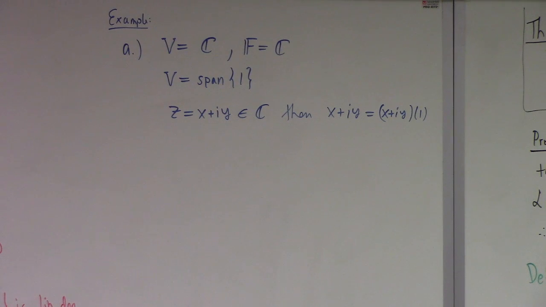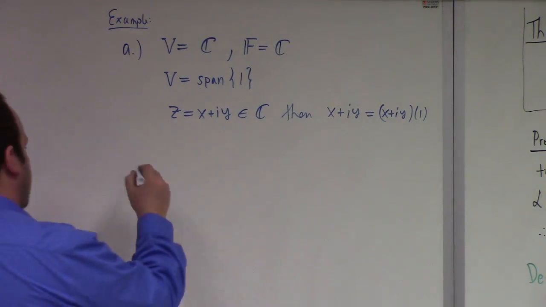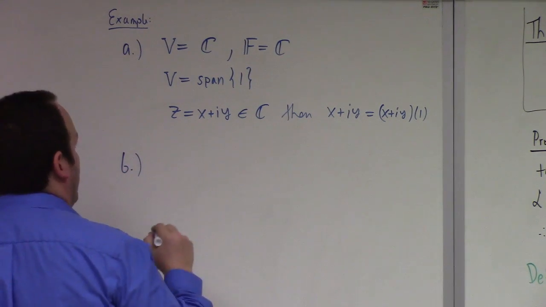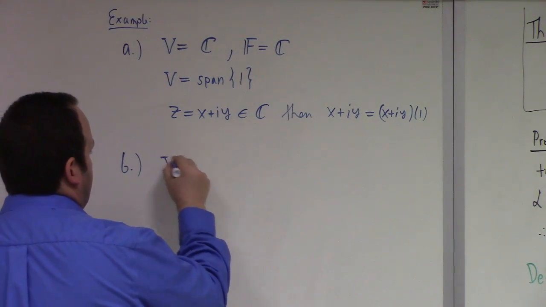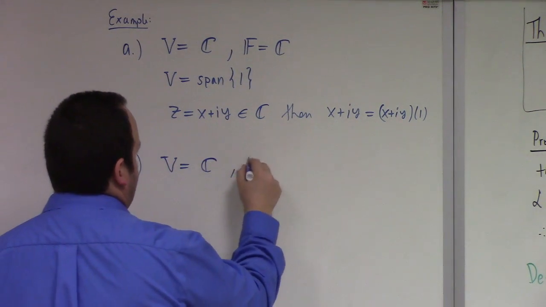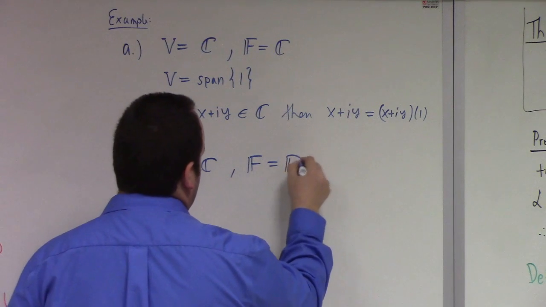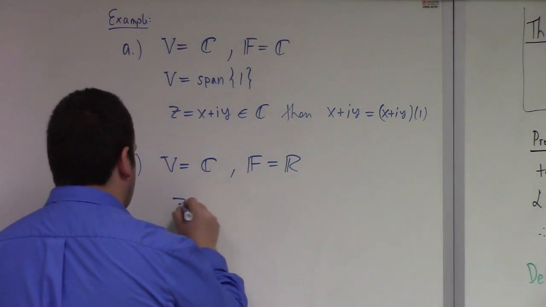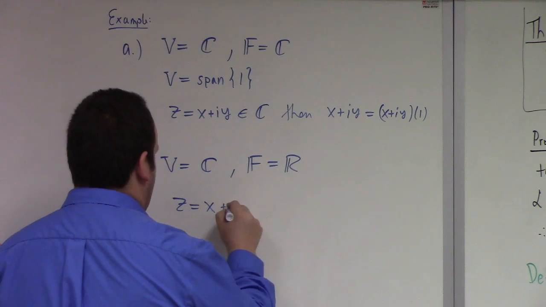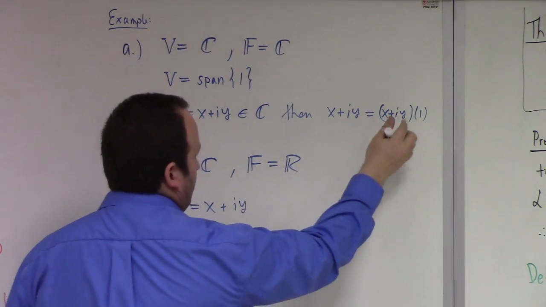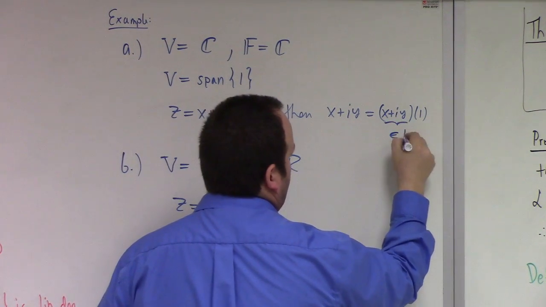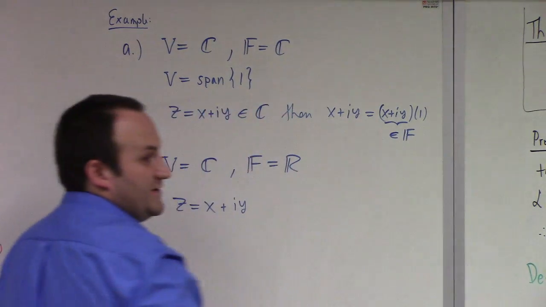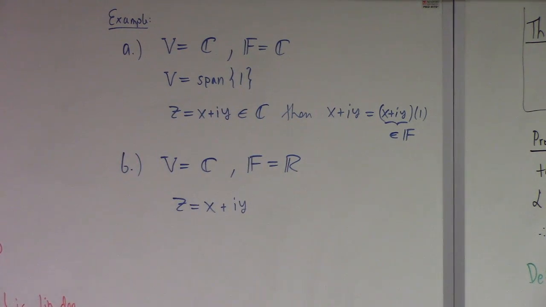But in quite contrast to this, if I take the same point set, V equal to the complexes, but I take the field to be the reals, that's a different vector space. In this case, if you take Z equals X plus IY, we can't use X plus IY as a coefficient. This is an element of the field, which in the first case is the complexes by our definition.